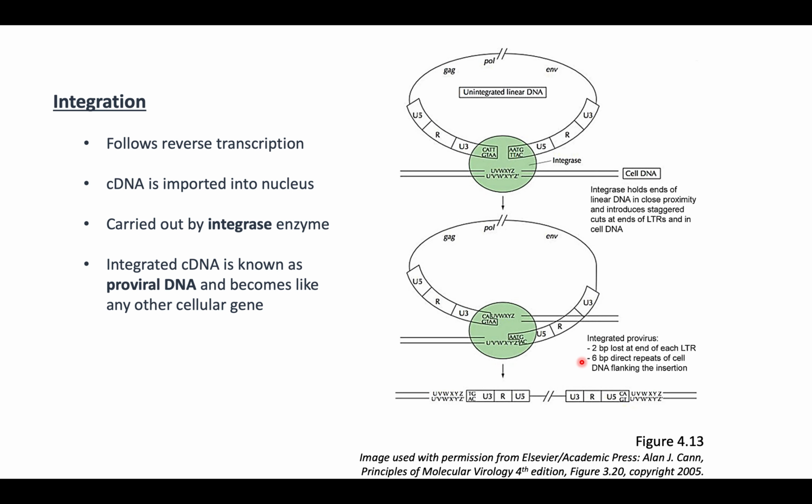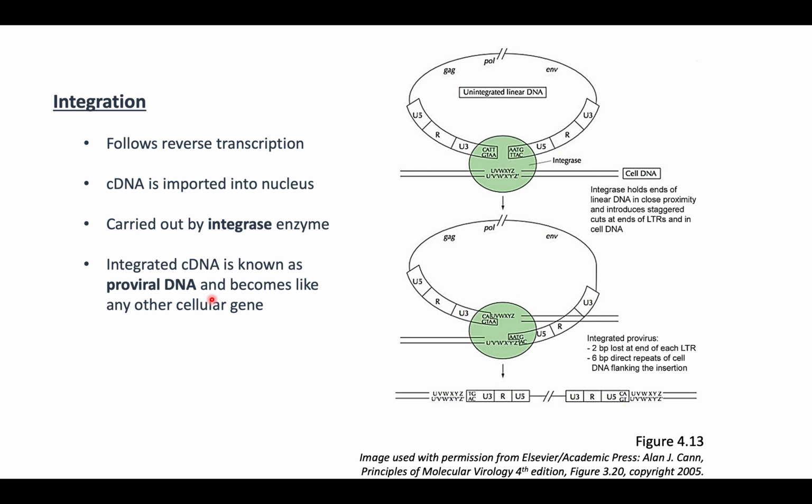And as we discussed, that is then going to integrate into the host cell chromosome with the help of the integrase enzyme, which as far as researchers can tell, basically picks a random spot in the cellular DNA in the genome and facilitates this cut and splice that is going to result in the HIV DNA being integrated into the cellular chromosome, where it will now be considered proviral DNA.